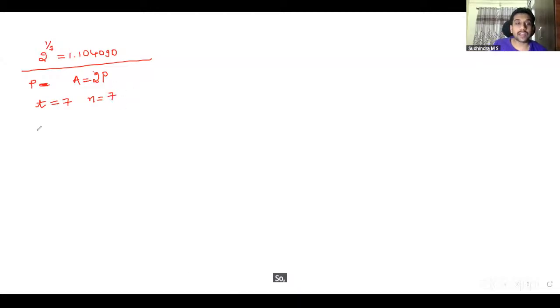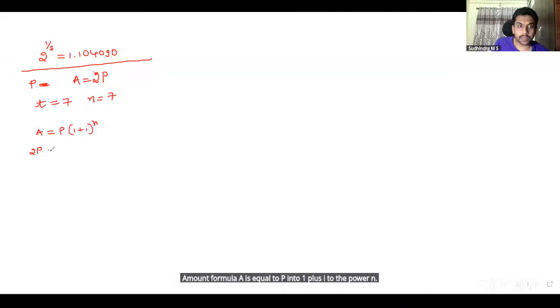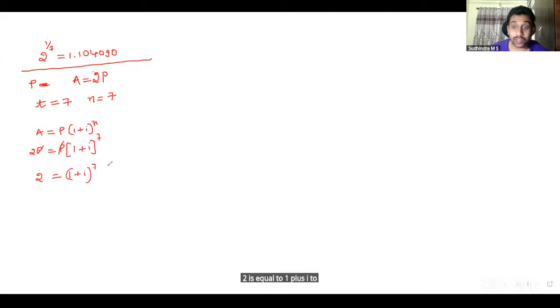So here if I apply the amount formula, A is equal to P into (1 plus I) to the power n. Amount is 2P equals P into (1 plus I) to the power 7. P and P get cancelled. 2 is equal to (1 plus I) to the power 7. So here, how do I simplify? Go to the hint. In the hint, we have 2 to the power 1 by 7.